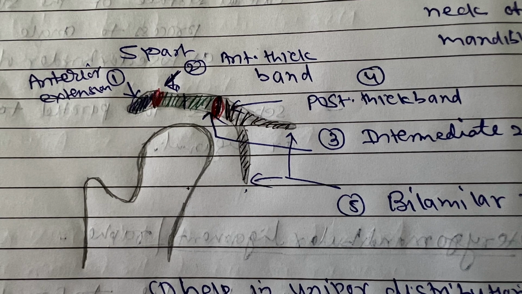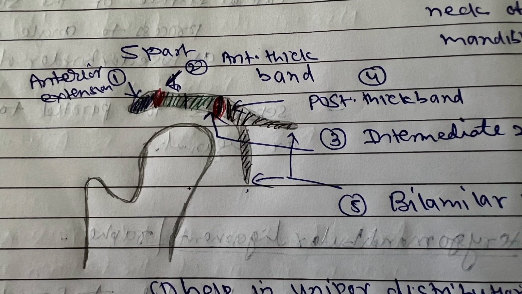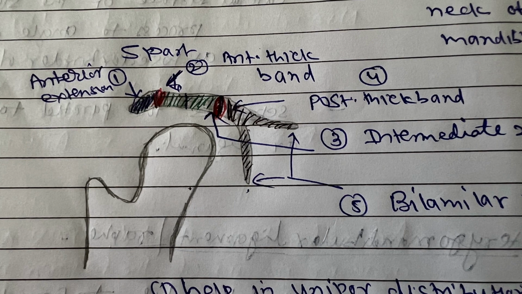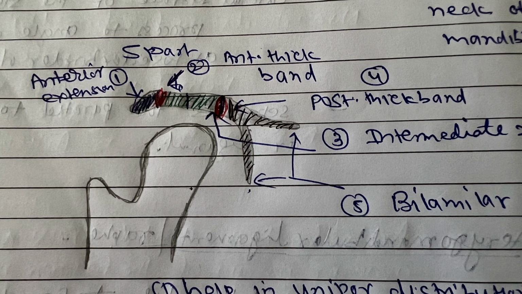The main contact area of the condyle is the intermediate zone, between the condyle and the mandibular fossa. So the 5 parts are: anterior extension, second the anterior thick band, third the intermediate zone, fourth the posterior thick band, and the bilaminar zone, or bilaminar extension of this disc.